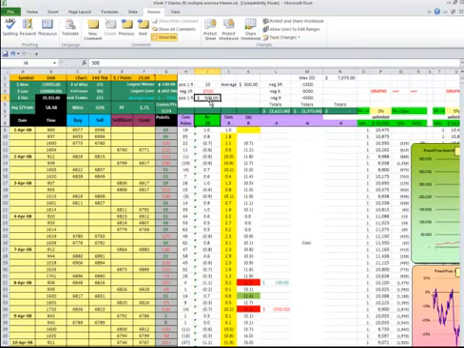If we have a winning trade, then we'd have a positive 1R because our initial risk is $500. Keep in mind that every single trade that runs in this account is related to that 1R multiple.